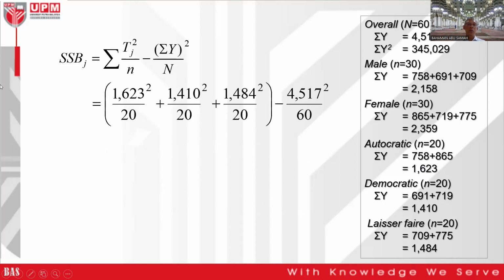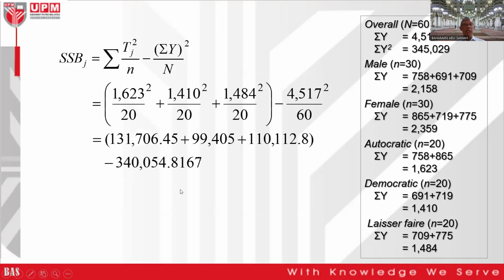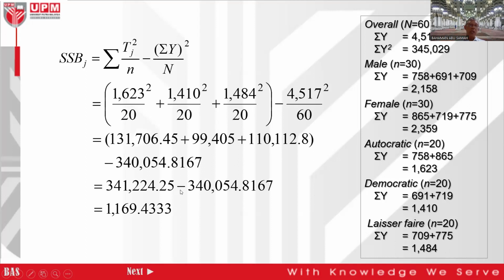So we just do within the bracket: 1,623, which is for the autocratic, square divided by 20, plus for the democratic, 1,410 square divided by 20, and then plus the last group, laissez-faire, 1,484 square divided by another 20, and then minus the same value as earlier, 4,517 square divided by 60. If we solve for this, the answer will be 1,169.4333. That will be sum square between for leadership style.